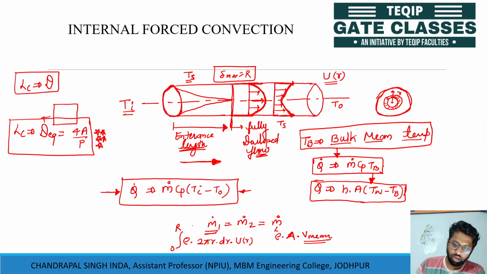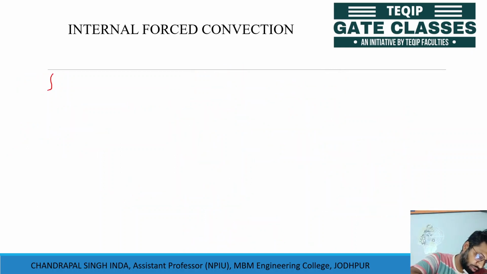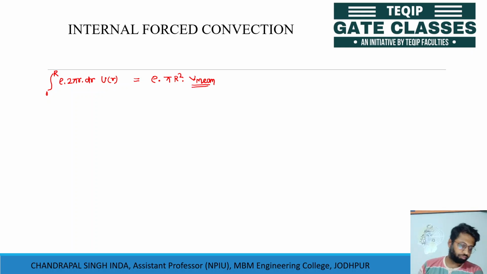Let's write it on the next page. Integral from 0 to r of rho 2 pi r dr into u, and this will be equal to rho into area, the cross section area being pi r square, and this is v mean, the mean velocity at the cross section.